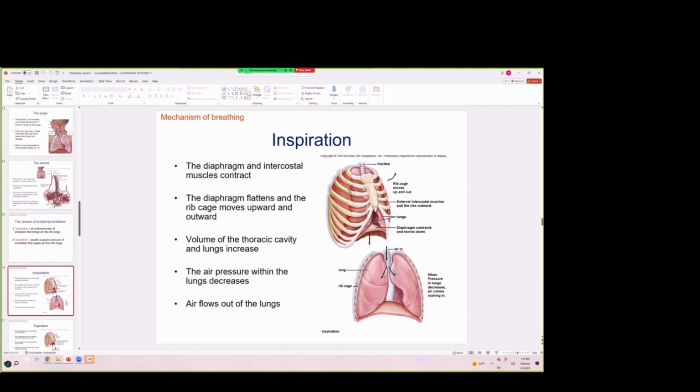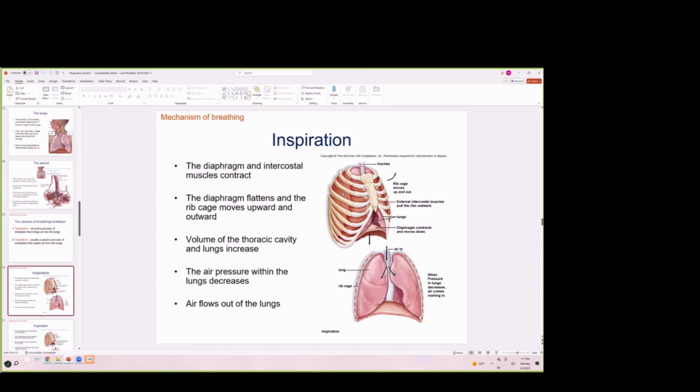When it flattens, the space is expanding, the ribs are expanding, the lungs expand, and the pressure in the lungs is lower, so air rushes in. That's what is happening when you are just breathing normally. Your chest keeps rising and lowering.